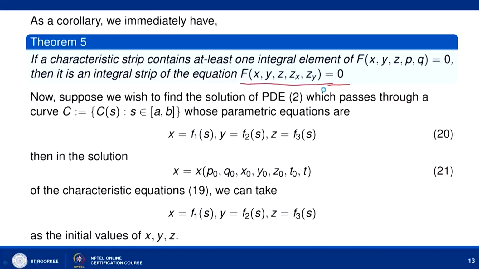So, we try to find the characteristic strip which contains an integral element, and this integral element is given in terms of initial data. So, let us look at what the strategy is. Suppose we wish to find the solution of PDE f of x y z p q equal to 0 which passes through a curve C. This is the initial data; passing through means we want a solution which contains this curve.